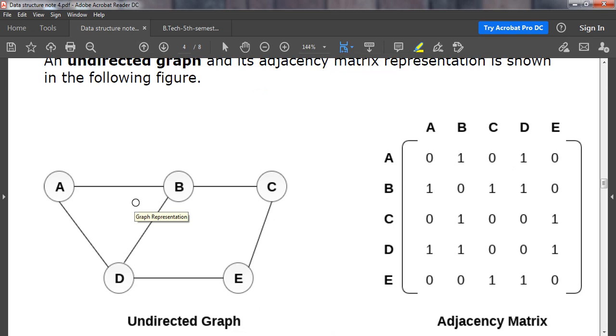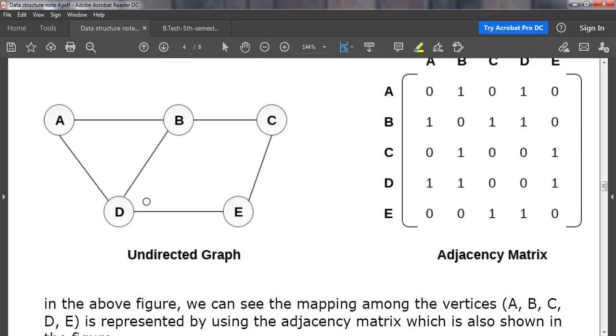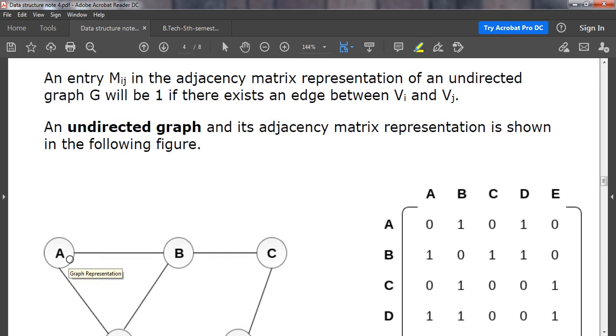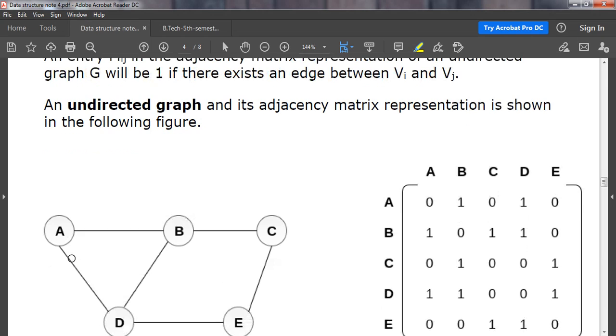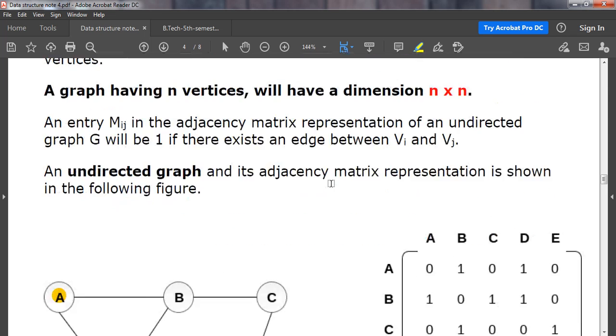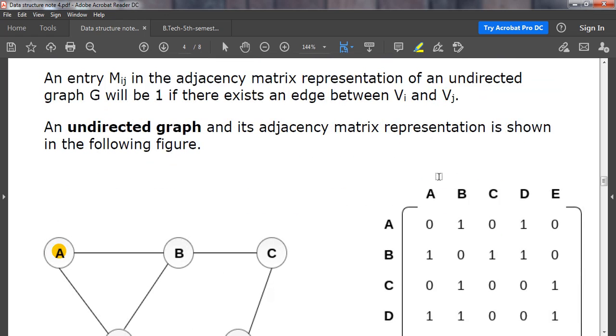Suppose this is my undirected graph. How many vertices do I have? I have 5 vertices, A, B, C, D, E. Since there are 5 vertices, this is a 5 by 5 matrix.